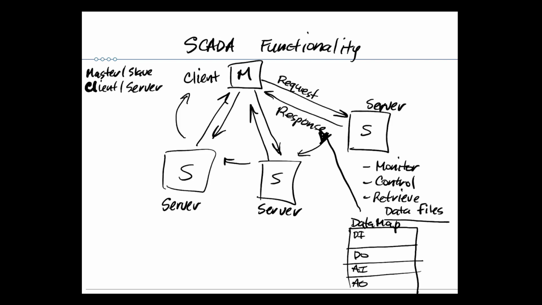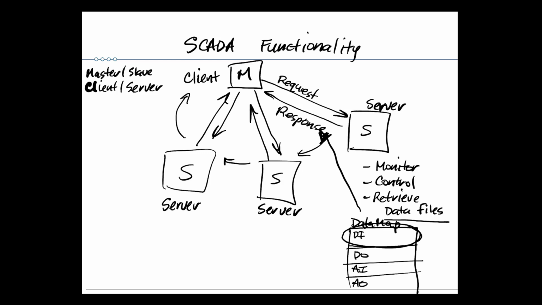And so when we look at SCADA functionality, we have to look at the functions that would be built into the communications protocol in order to work with these data types within the server data map. And really, the way I would put it next is when we look at the functionality that would have to be in the protocol, let's think about a digital input or an example of a breaker status.